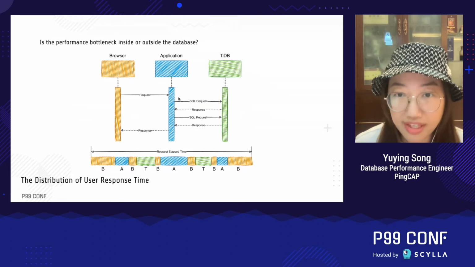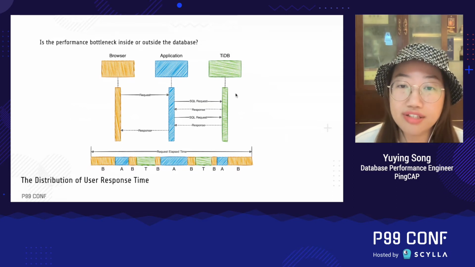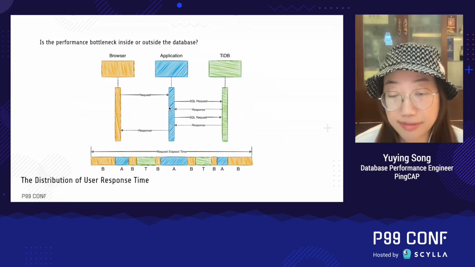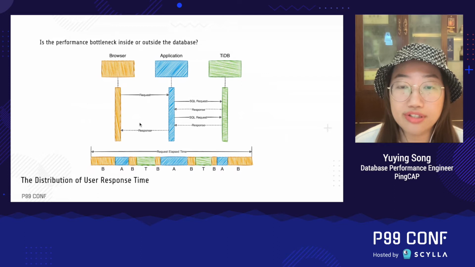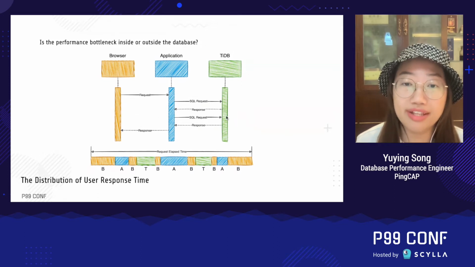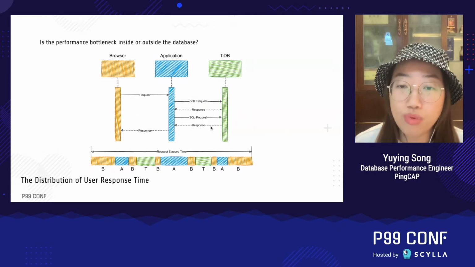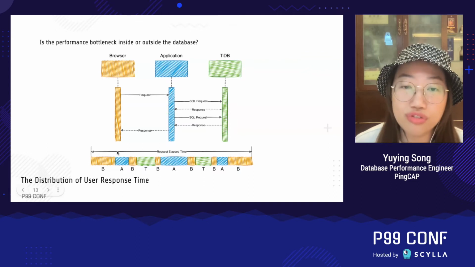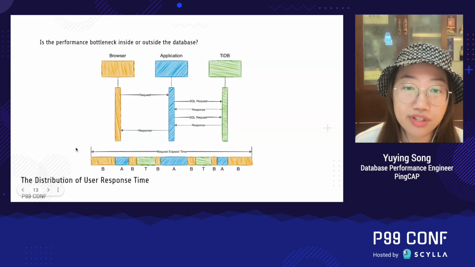server, and the application sends some SQL requests to the database and gets some data back into the application, and the application does some calculation and requests more data from the database, and then finally returns the result to the end user.